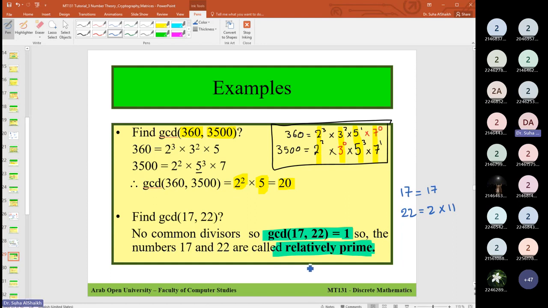So what is the common divisor between them? One. This one is 2 times 11 and this one is 17. So what is common between them? It's just 1. So the GCD between the two numbers is equal to 1, so we say they are relatively prime. It doesn't mean that they are prime. It's not necessary for the two numbers to be prime, but they are relatively prime, meaning the common divisor between them is just one. Okay?